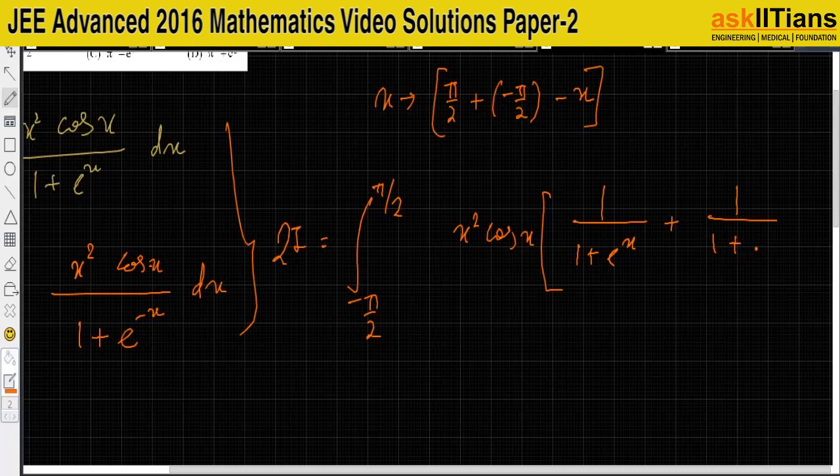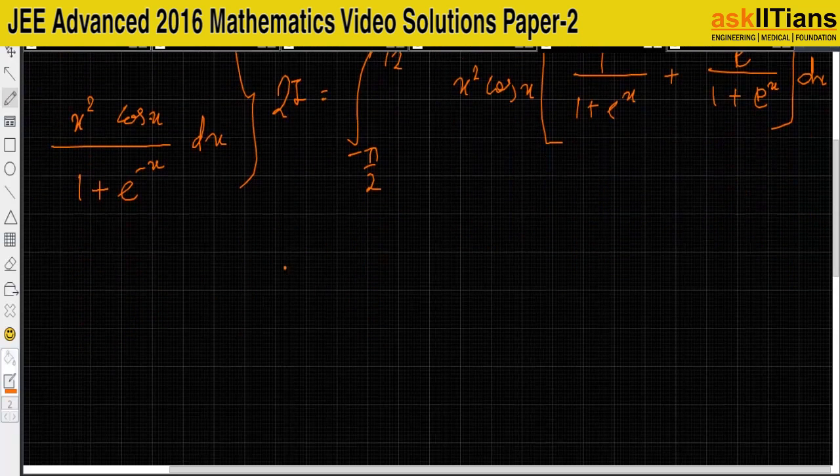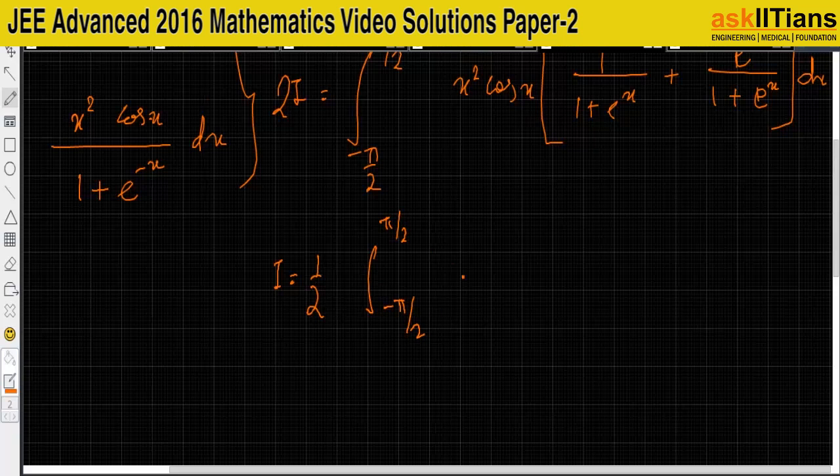So 1 by e power minus x I can write as 1 by e power x, and if I take the LCM I'll get e power x here and e power x here, right? So if I add these two, it will become 1. Now the LCM is this, so this quantity will actually become 1, so this quantity will go away. So from here I can simply say that I is 1 by 2 times the integral from minus pi by 2 to pi by 2 of x square cos x dx.